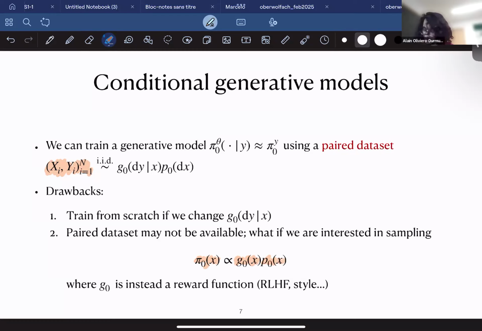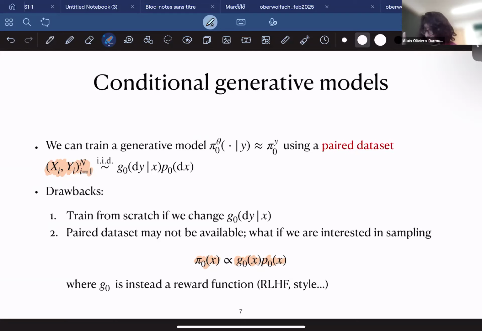You can sample from the model, but you do not have access to the density; the distribution associated with your model is intractable. On the other hand, G0 is provided to you.